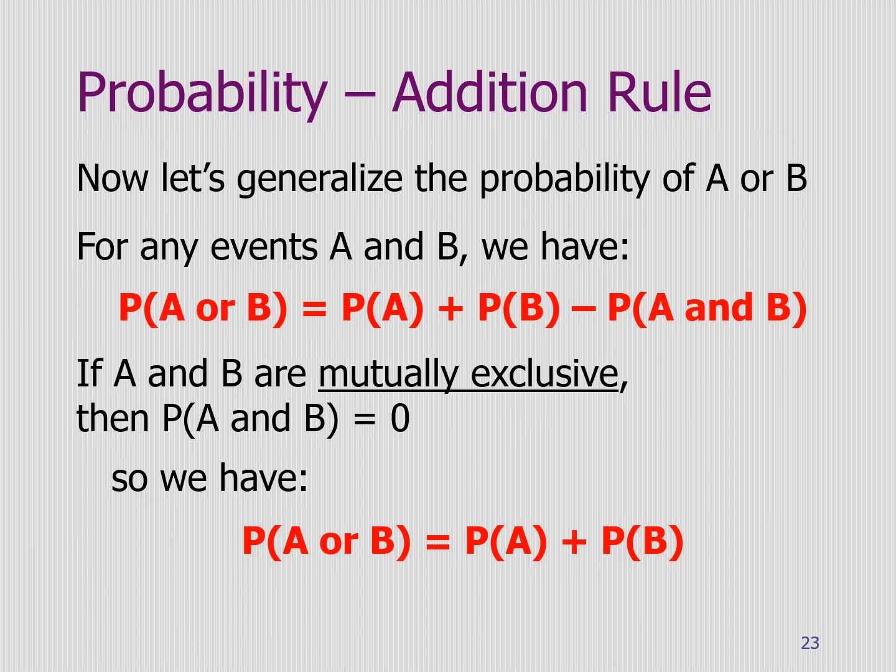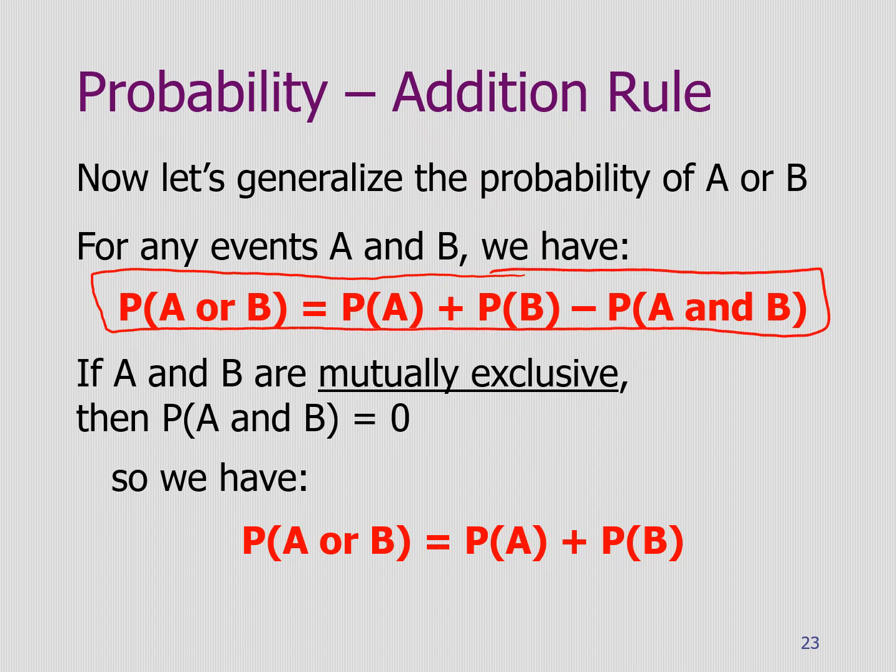So this is the general addition rule of probability: the probability of the first plus the probability of the second minus the probability that they both happen at the same time.